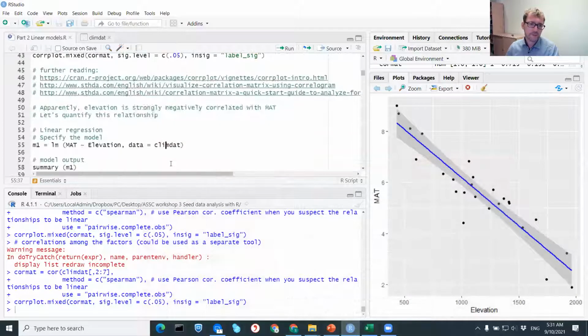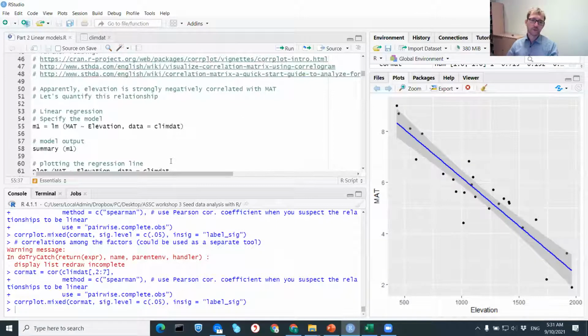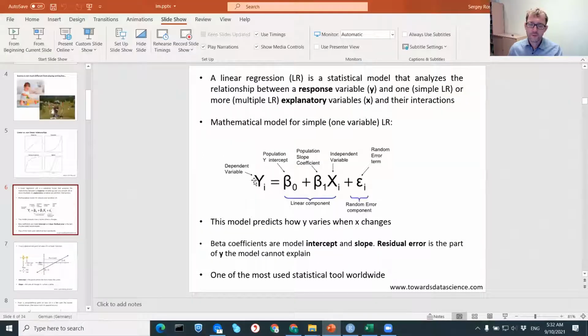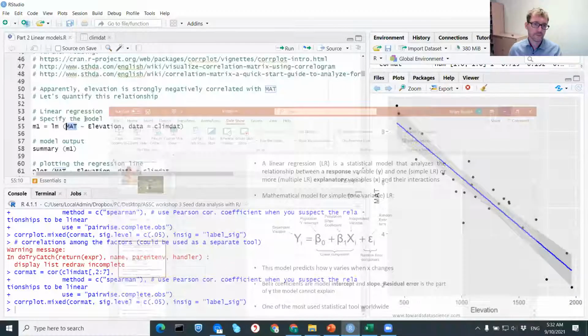Well, in R, and I guess that many of you know this function, it's very simple. You specify your linear model this way. So this is a function lm. Then you open brackets. So you say that, well, I expect that mean annual temperature, and this is my response, Y, depends on elevation, my explanatory variable or predictor.